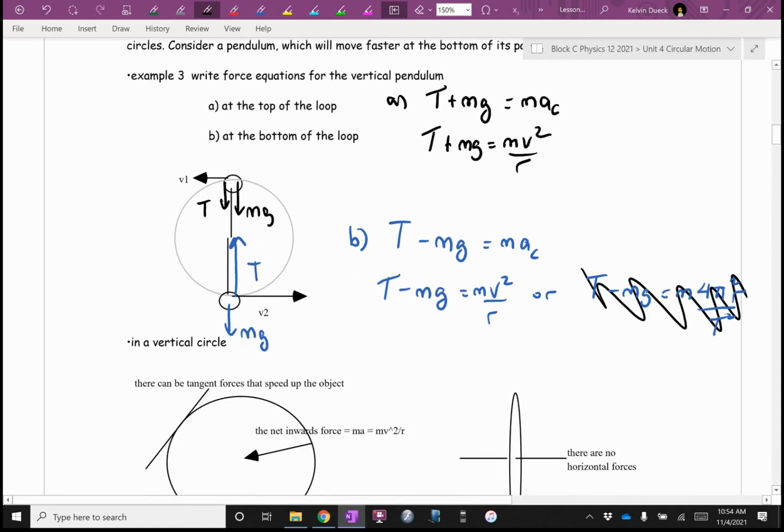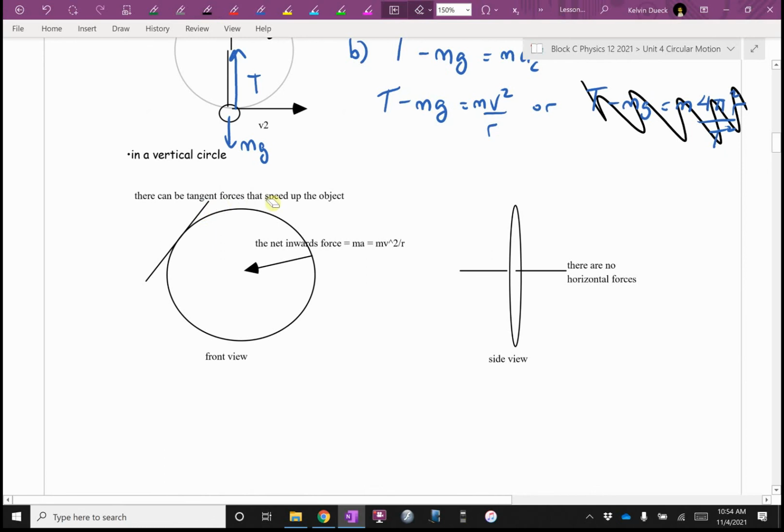So in a vertical circle, we can have tangent forces that speed up the object, usually gravity. The object can speed up and slow down, but the net force inwards is MAC, which will be mv squared over r, or m4 pi squared r over t squared, because F is still ma, and if a is v squared over r, or if a is 4 pi squared r over t squared, then ma is mv squared over r, or m4 pi squared r over t squared.